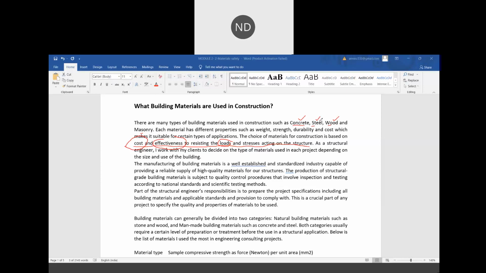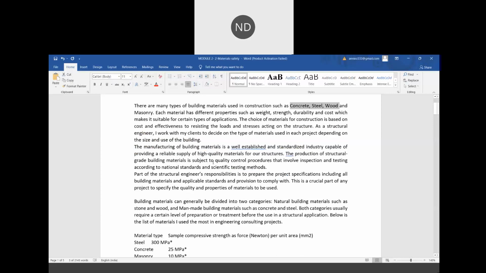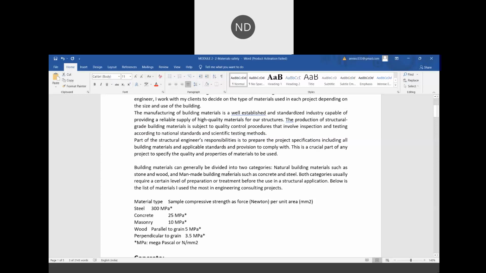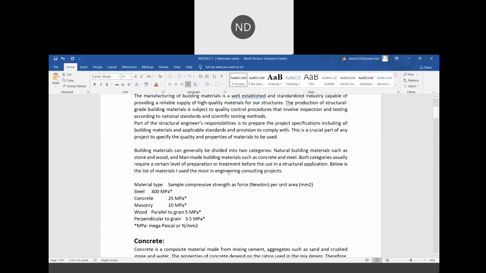Obviously, you also have to keep the cost in mind, depending upon your economic condition or how much you will be investing in that particular structure. As a structural engineer, you have to deal with the clients and help them decide on the type of material they are going to use in their projects.